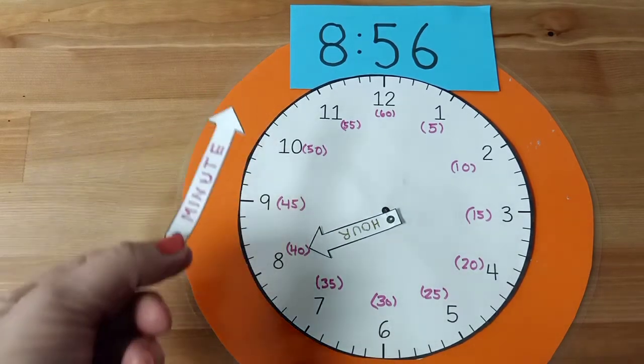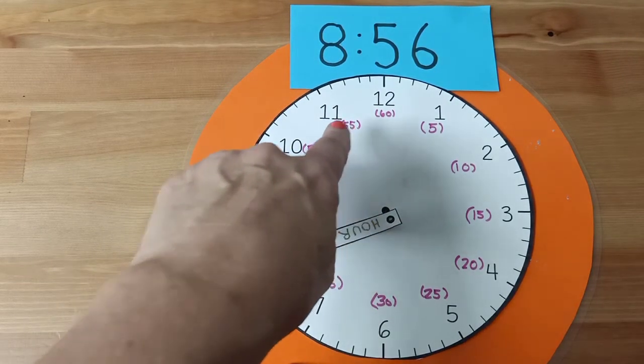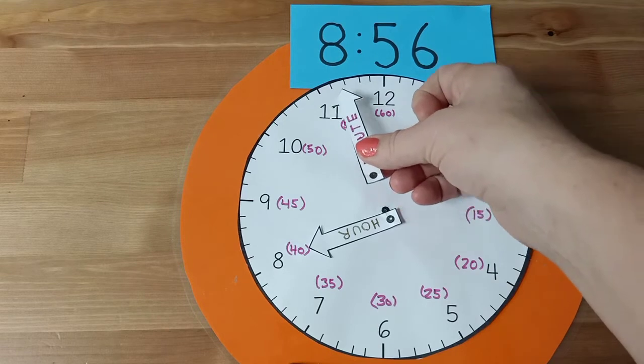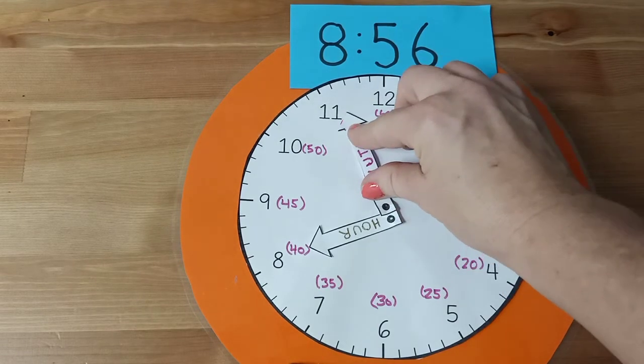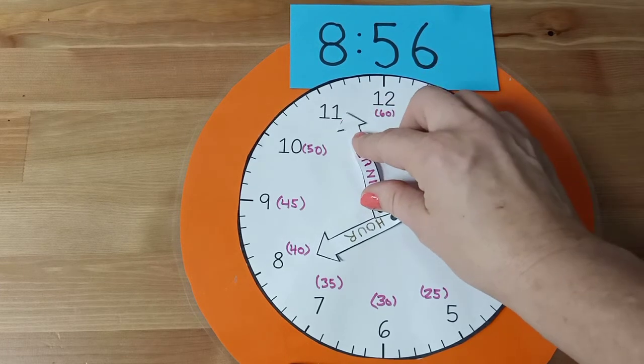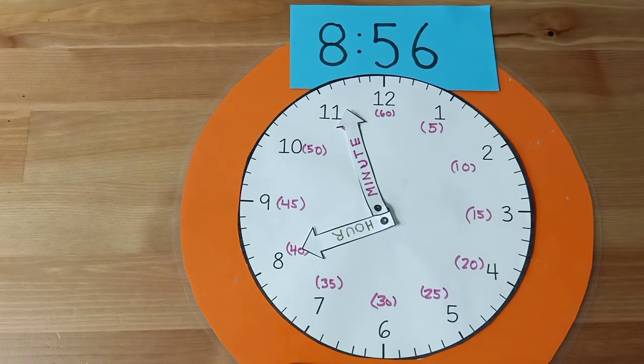And then we need to take our minute hand and put it at 56. As I know that 11 is the same as 55, I'm going to move it just one more, pointing directly at the one that is just past the 55, and I will make 8:56 like this.